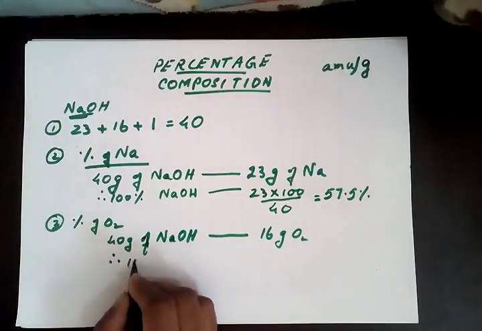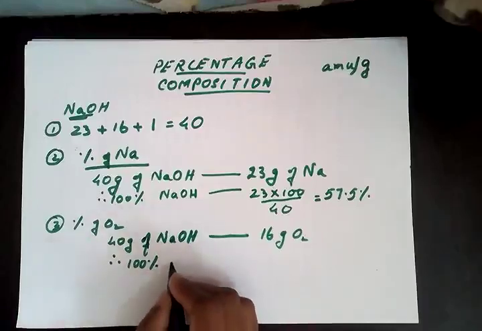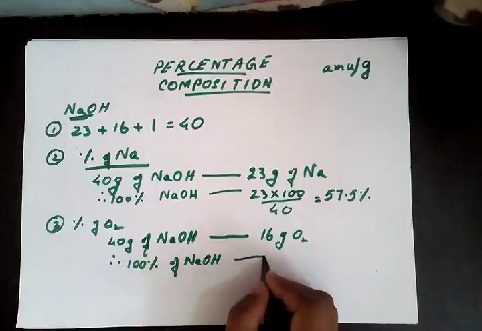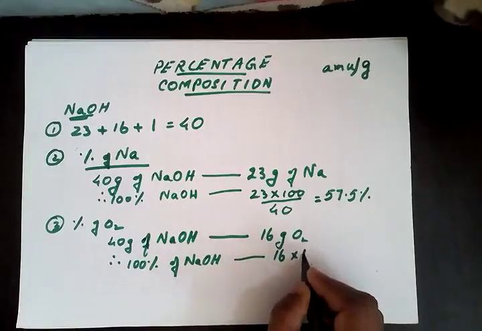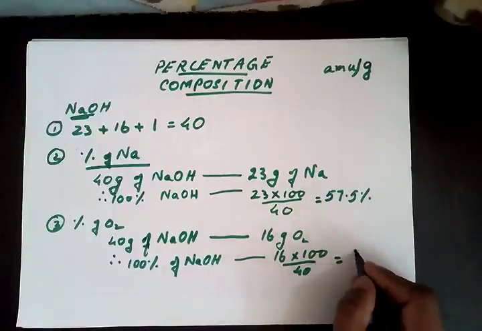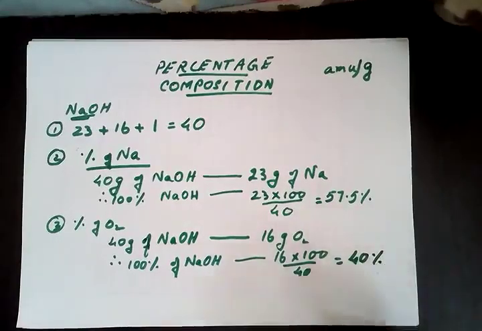Therefore, 100% of sodium hydroxide should contain 16 into 100 divided by 40. That gives you 40%.